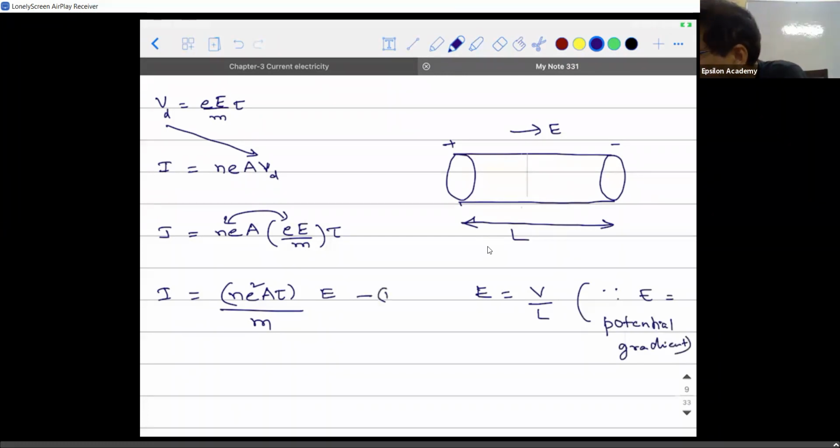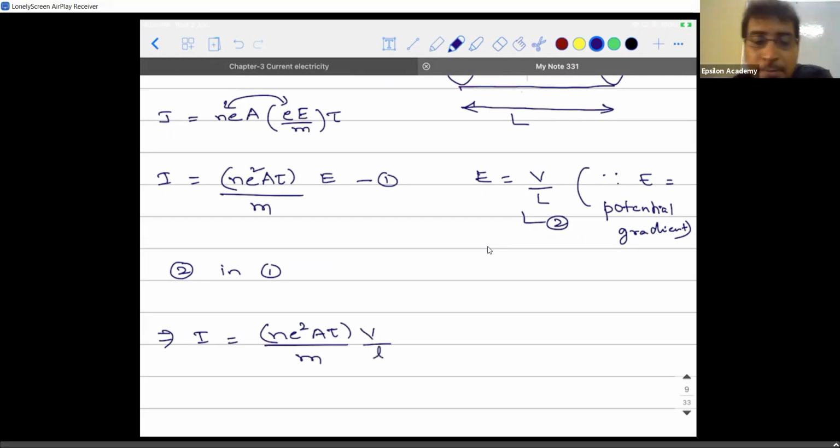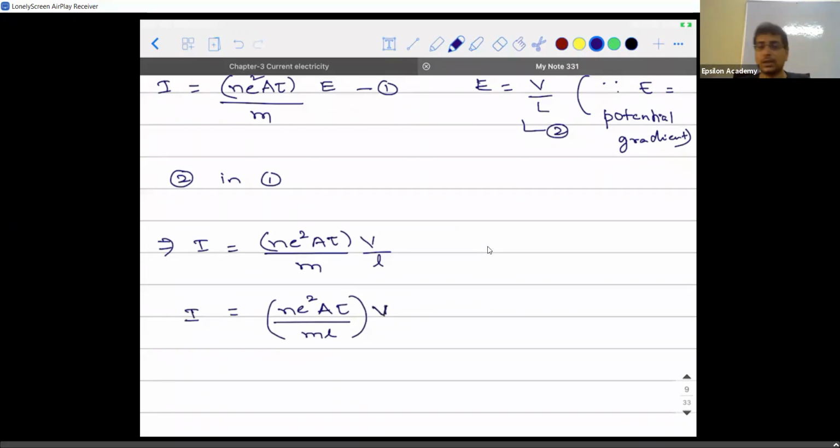If I take this as the first equation and this as the second equation, using 2 in 1, what are we going to get? We will get I is equal to n e square A tau, the whole divided by m, into, in the place of E, can I write it as V divided by L? Now observe, guys, is it not n e square A tau divided by mL, into V, is what is I? Are you able to understand? I did nothing.